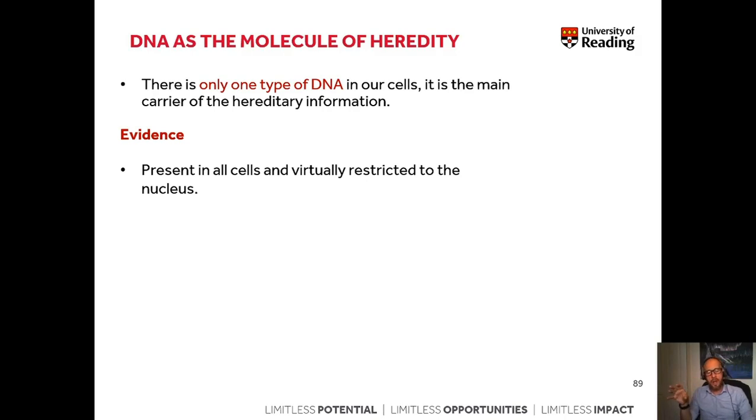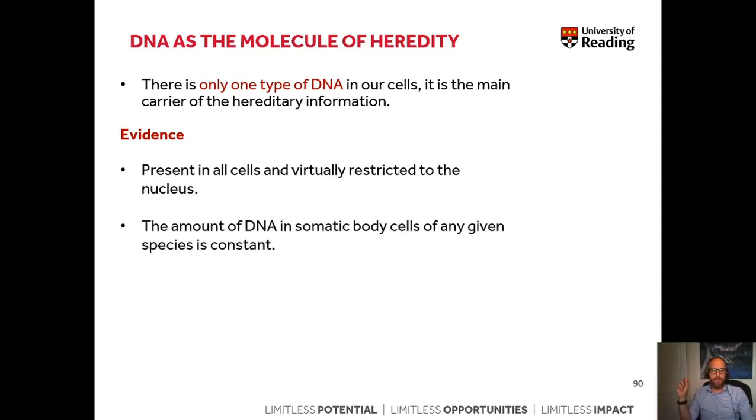With one exception, there is a bit of DNA present in mitochondria as well. Also, the amount of DNA in somatic body cells of any given species is constant. That means if you would isolate DNA from nerve cells, the amount of DNA would be the same as the amount isolated from, let's say, muscle or liver cells.